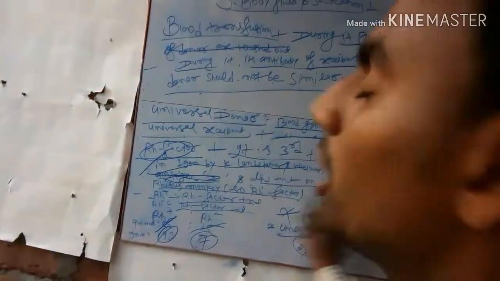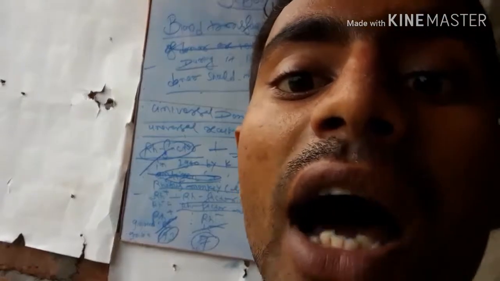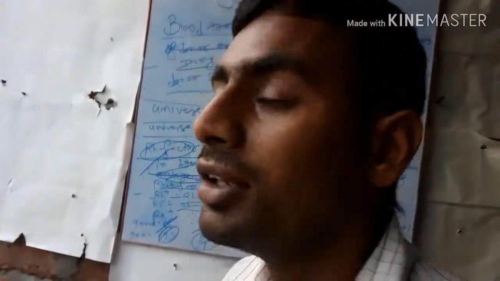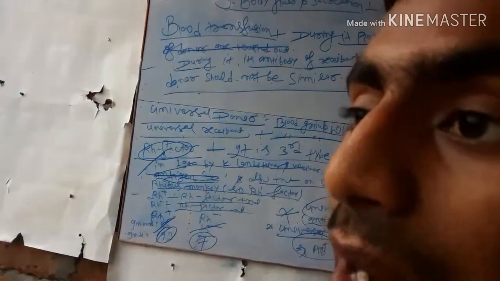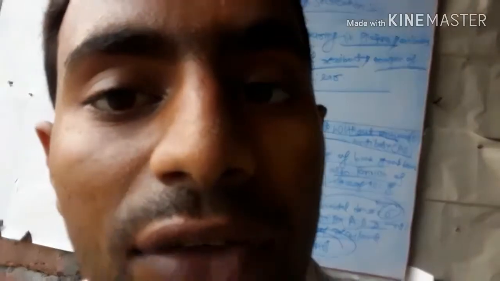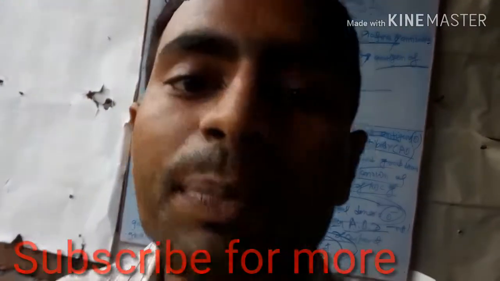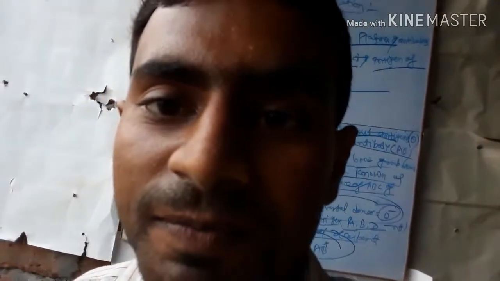Finally, remember that the universal donor is O negative and the universal recipient is AB positive.